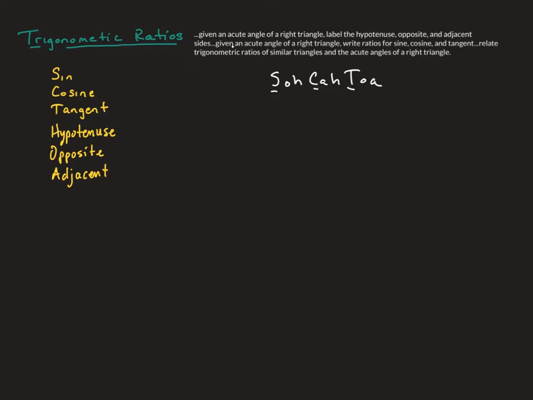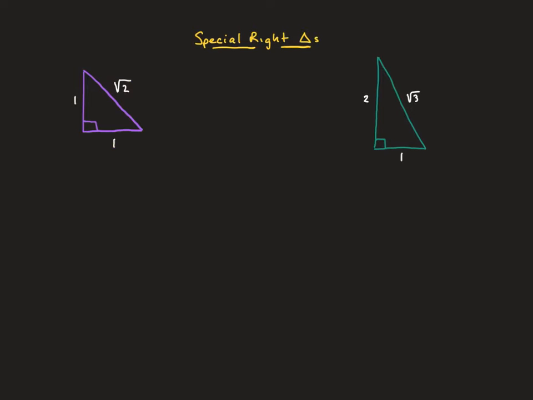Just knowing our ratios and being able to label things, because here sine is the opposite over the hypotenuse. These are some words that we're going to have to learn to recognize in our triangles. So we'll start by talking about special right triangles.